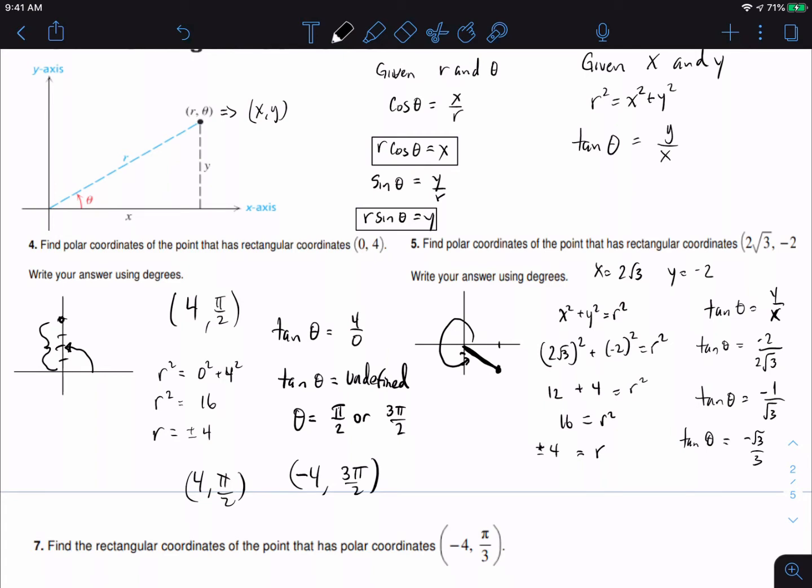And then if you guys have your unit circle, you can find out when is our value negative radical 3 over 3. And what that ends up being is that happens at 11 pi over 6. So then our answer to this one would be 4, 11 pi over 6. Does that make sense?